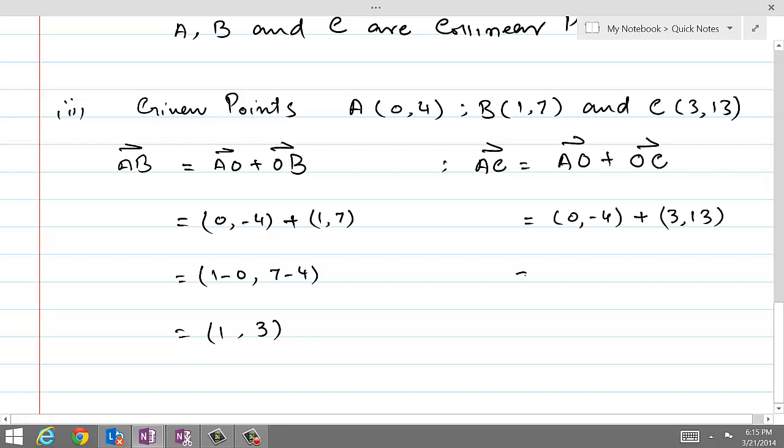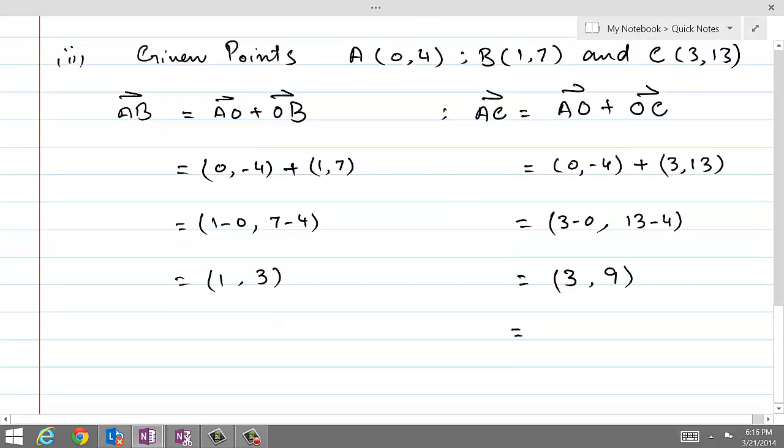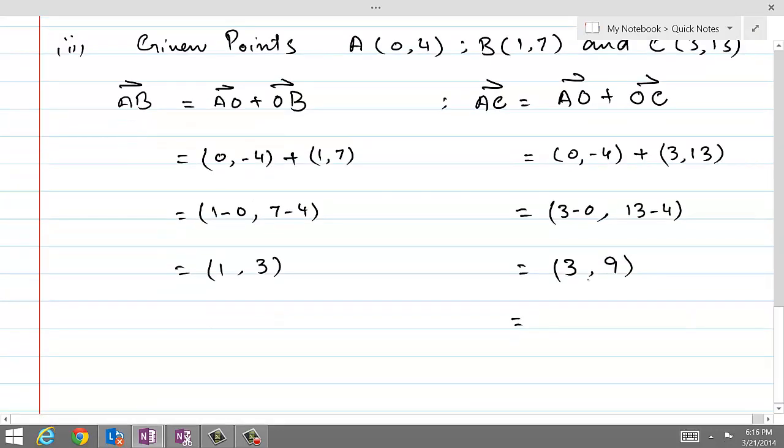And now 3 minus 0 and 13 minus 4, this is equal to 3 and 9. Is there anything which we can take as common? That is 3. If we take 3 common, inside we will have 1, 3.